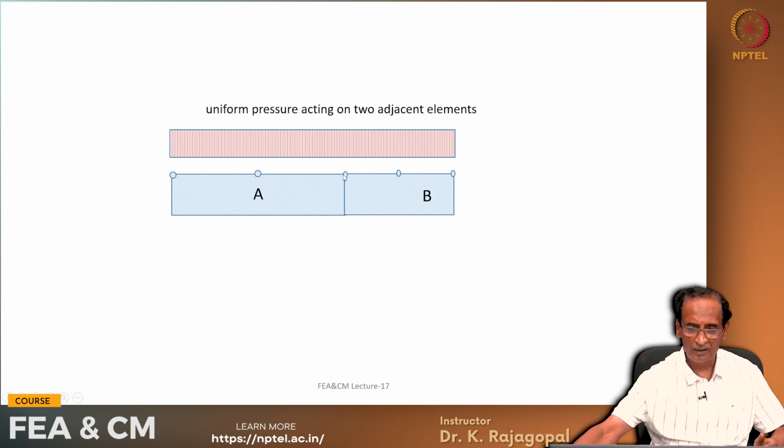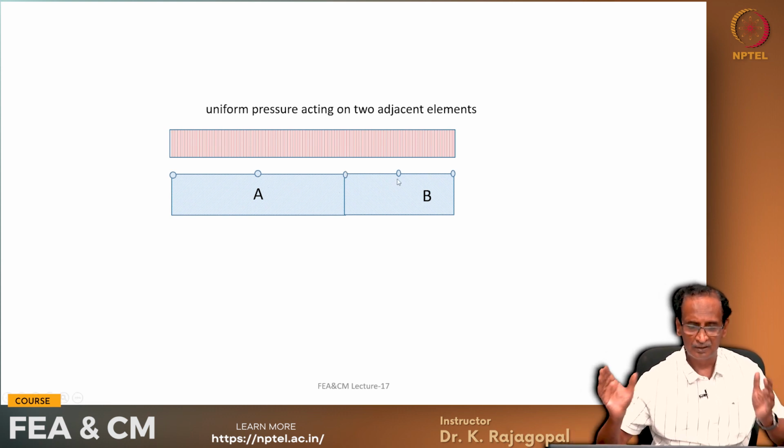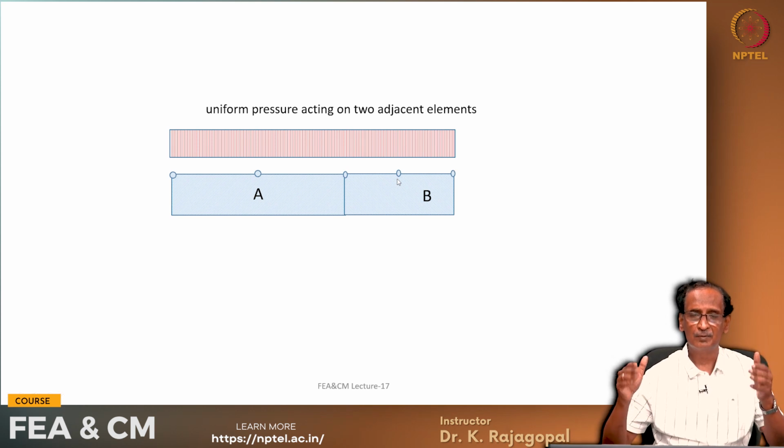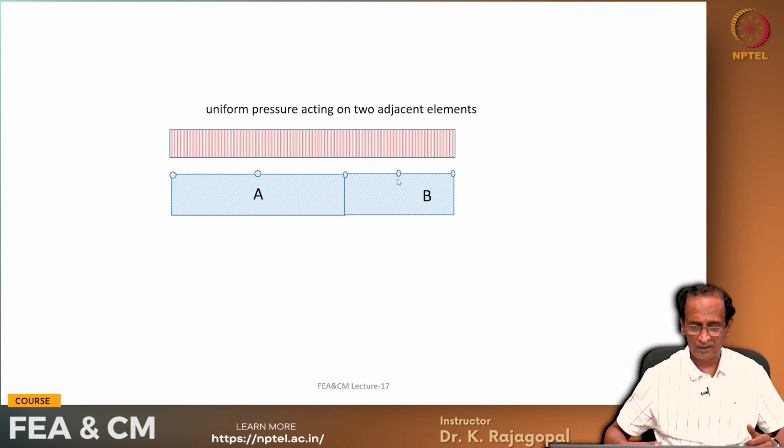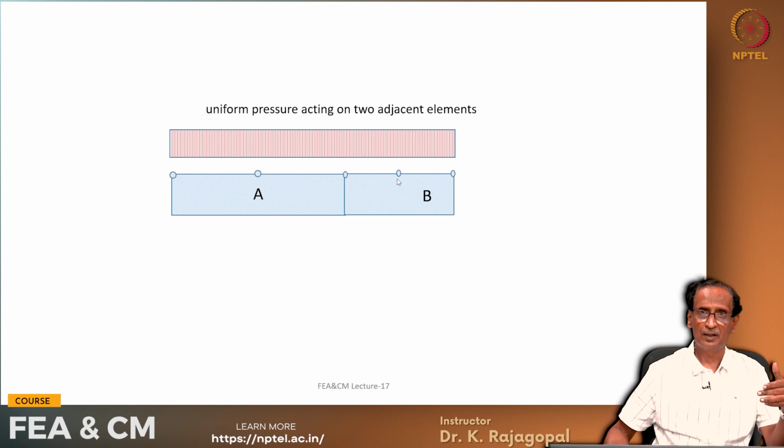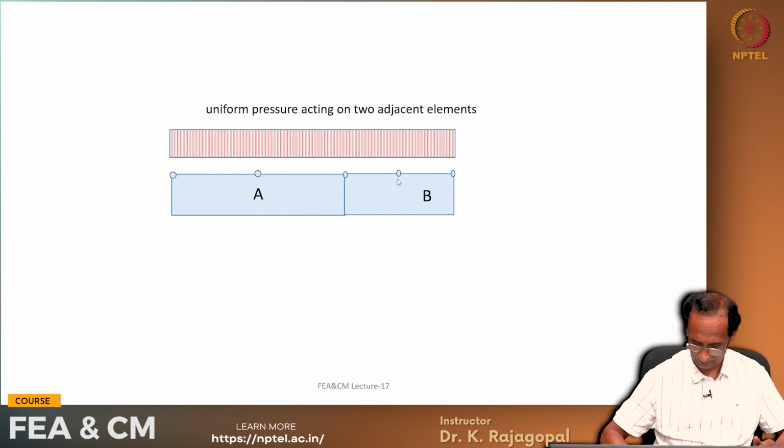This particular node is common for both element A and element B, so the force at this node is going to get added up from elements A and B, whereas for other nodes it is simply the load from its own element. Just as we assemble the stiffness matrices, we also have to assemble the load vectors.